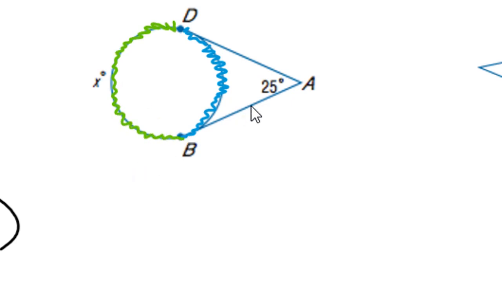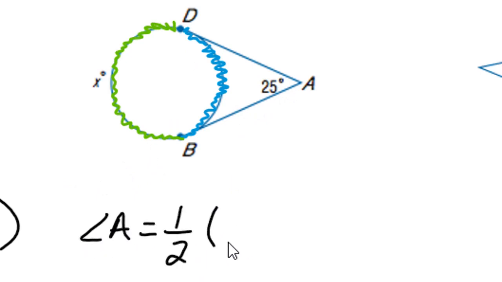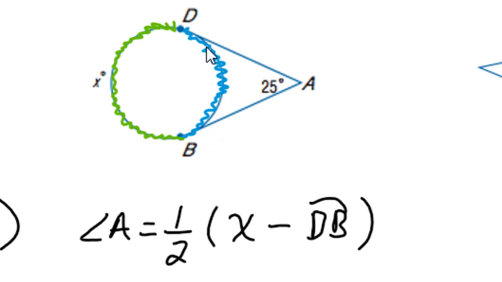Let's go ahead and write that relationship, that angle A is going to be equal to 1/2 the positive difference of the large arc. So the large arc happens to be X minus the small arc, which is dB. We need to go ahead and figure out what is dB because I cannot have more than two variables.